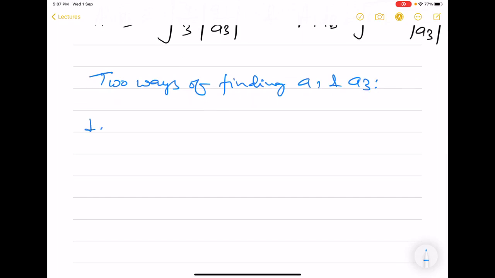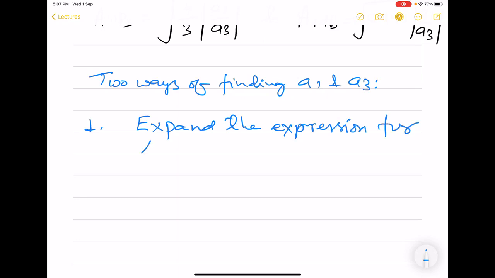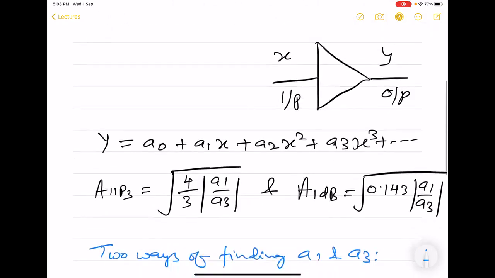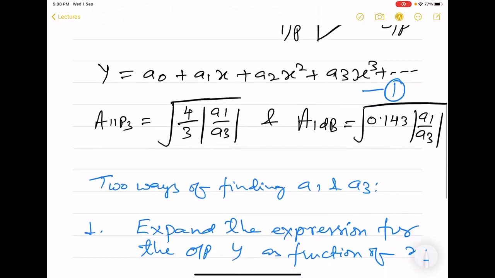So first is, of course, to find the expression for output and expand it in terms of the input, as has been done here in equation 1.